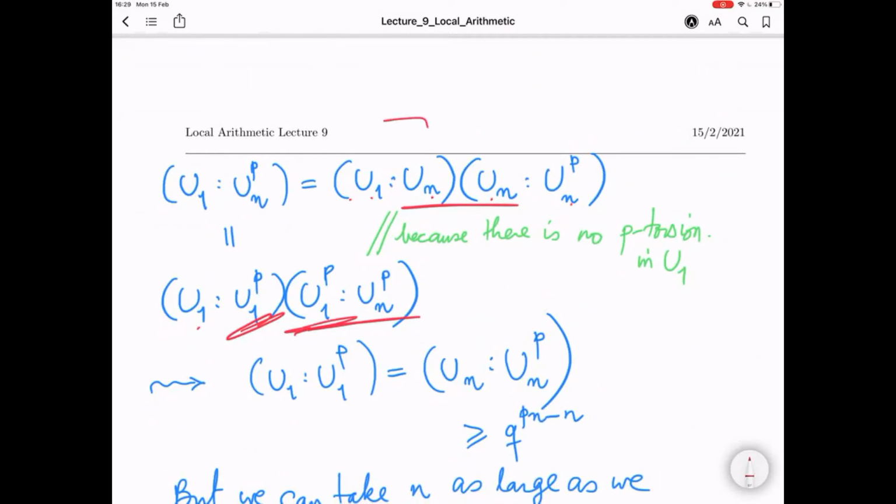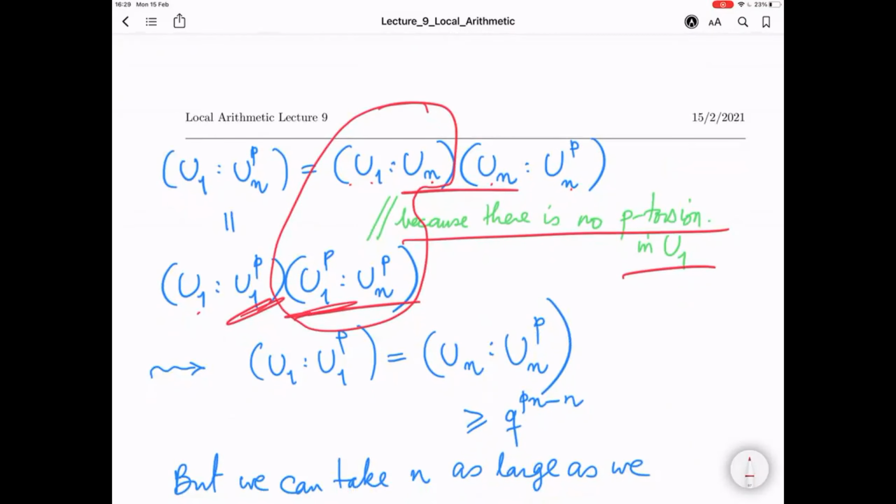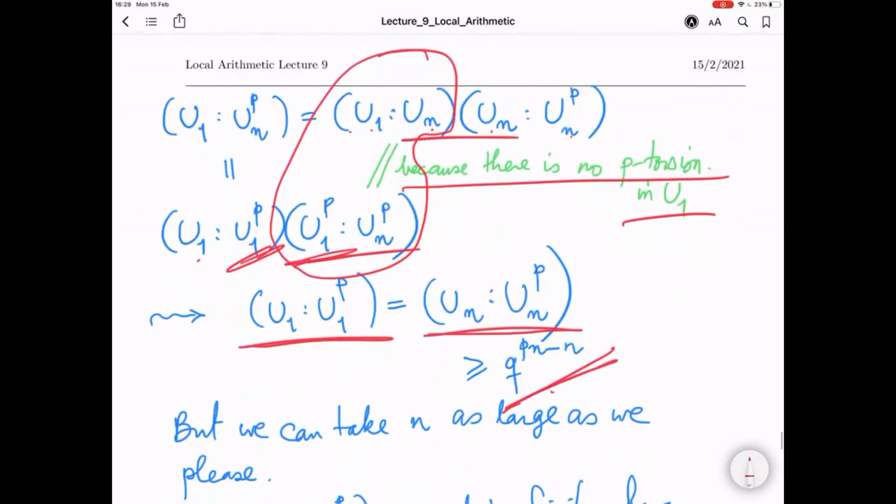But these two things are really the same, because there's no p torsion in U1. So I can cancel them out. And what I'll get is that the index of U1 to the power p in U1 is the same as the index of Un to the power p in Un. But this we had seen is greater than q to the pn minus n.